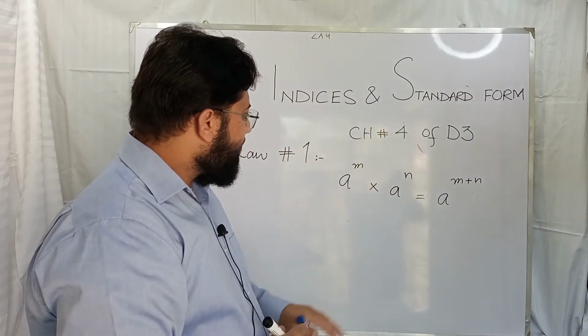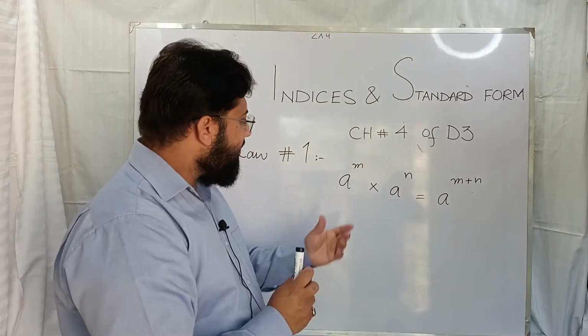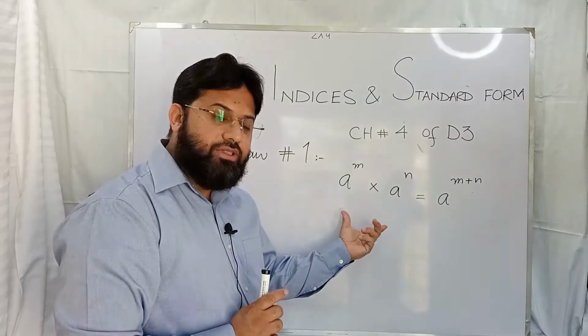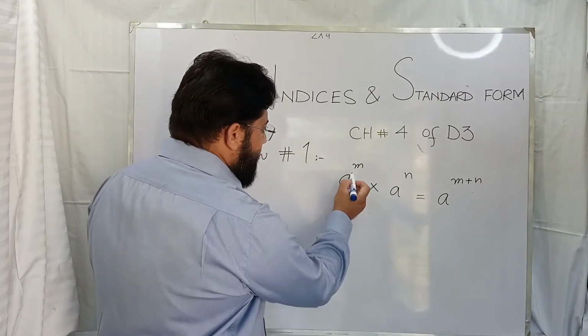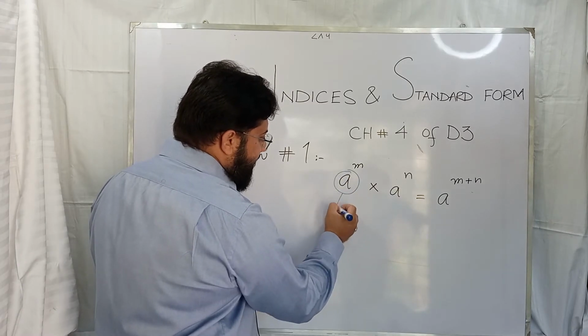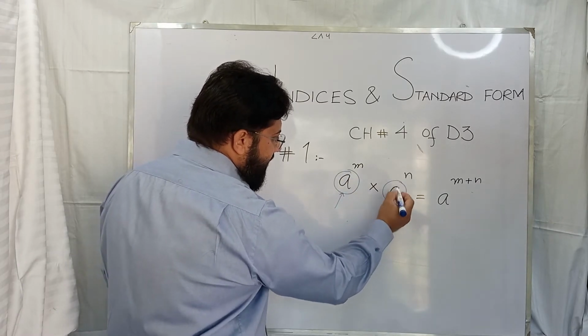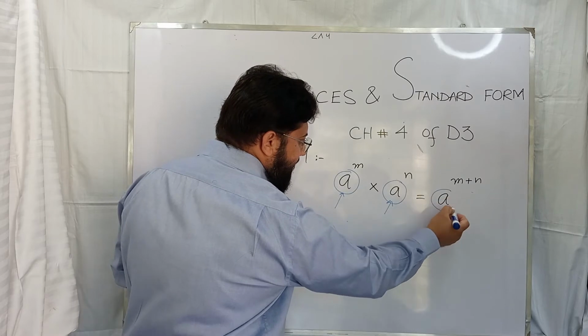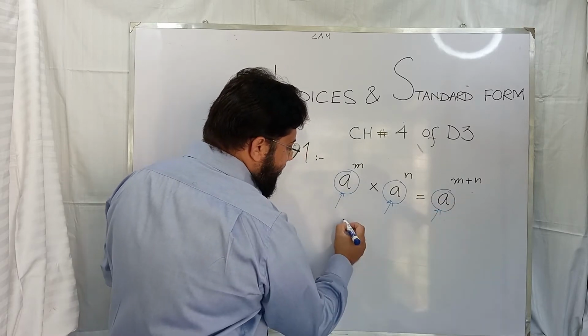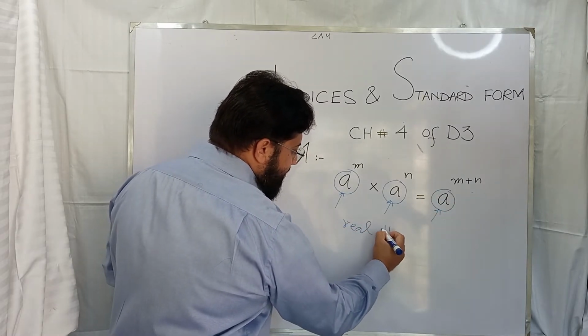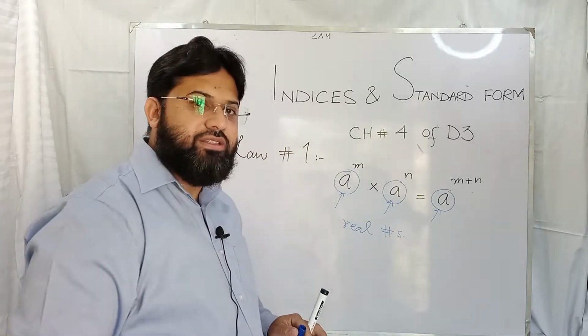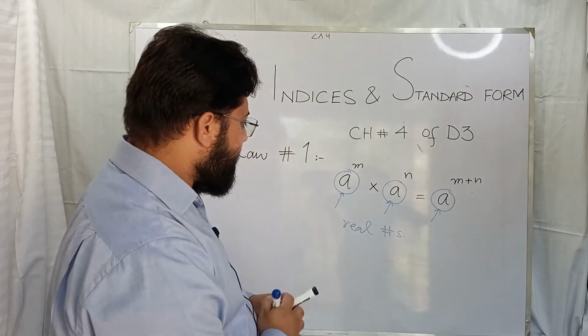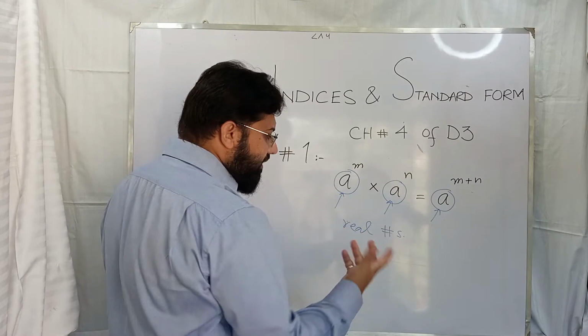What are a, m and n? Well, a, m, n are any numbers, or specifically, a over here and a over here as well as a over here are any real numbers. And you know, the real number set is the biggest set in mathematics. So a is any real number.